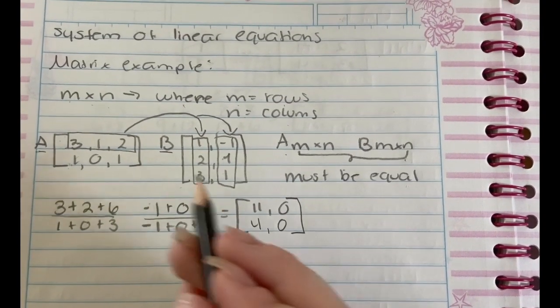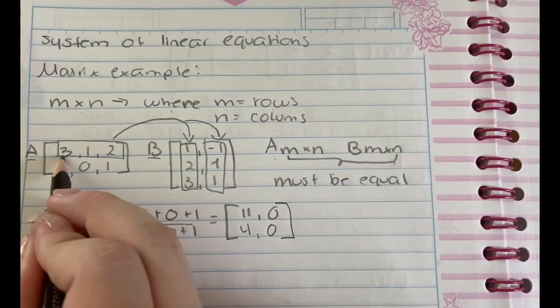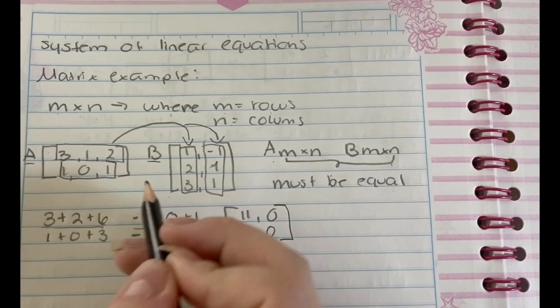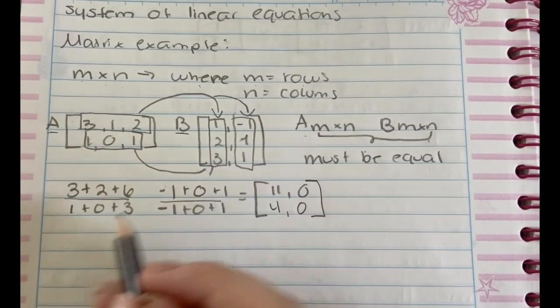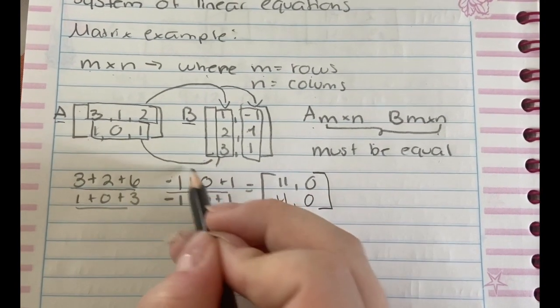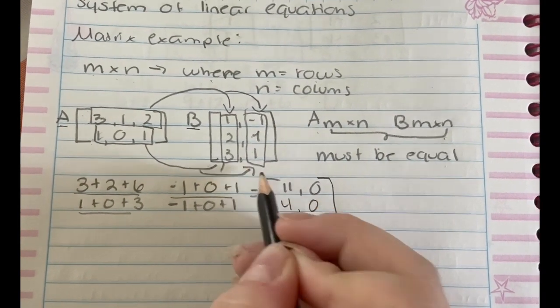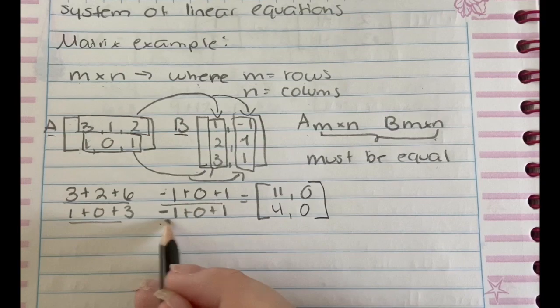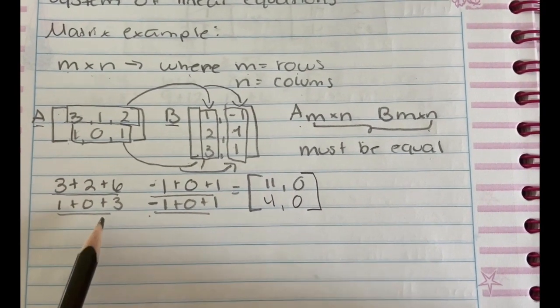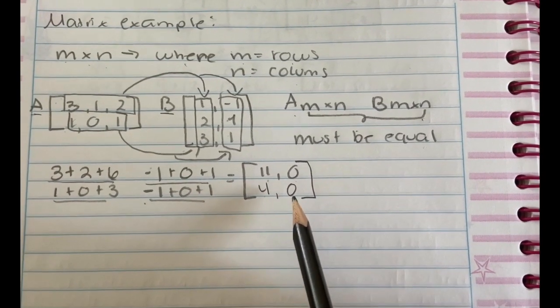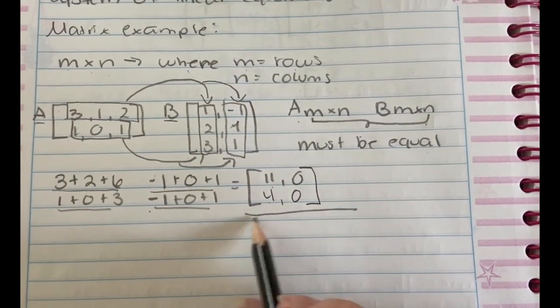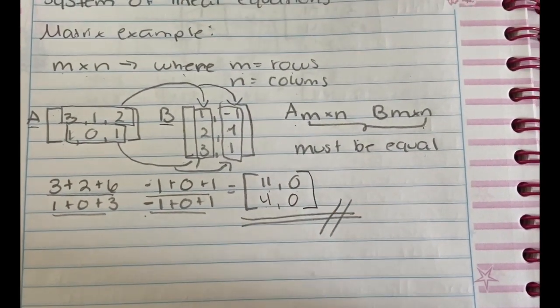Then we do exactly the same with the second row: we multiply it by the first column of matrix B, which gives this, and then by the second column of matrix B, which gives this. These numbers must be reduced, and it will give us 11, 0, 4, 0. And this is our final result.